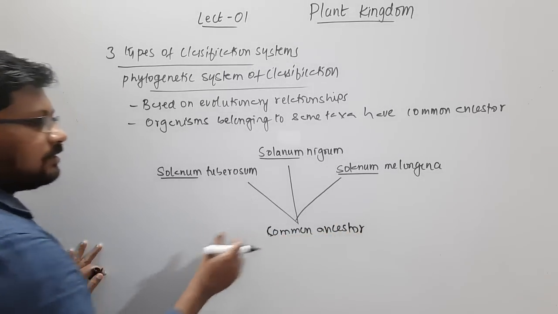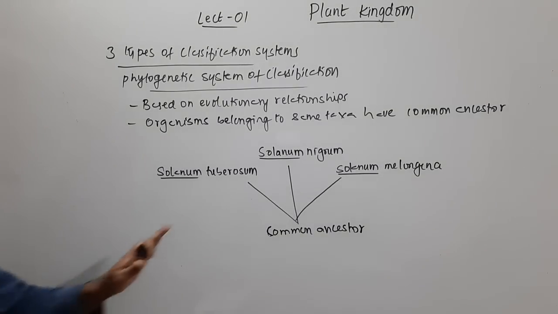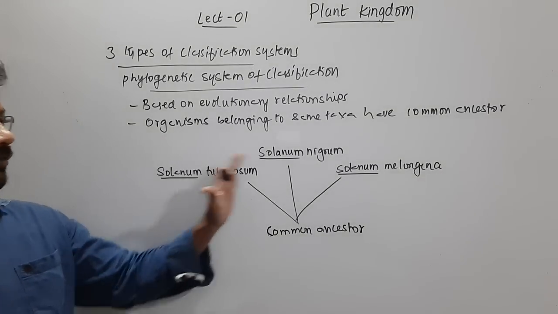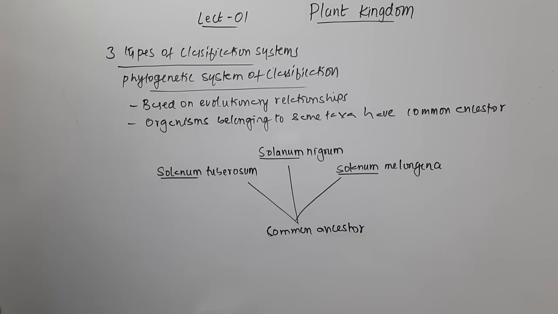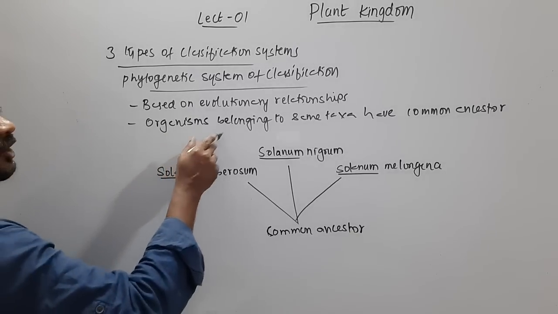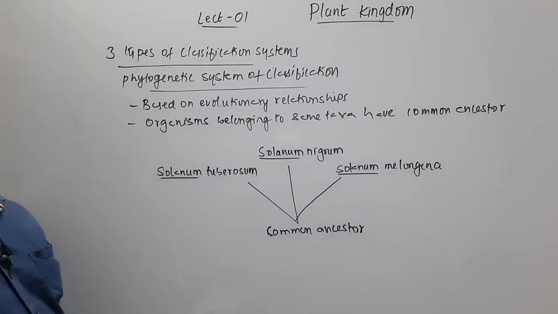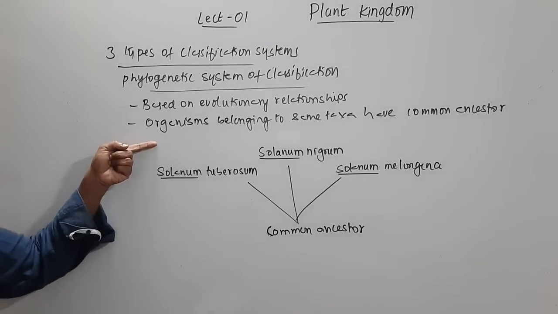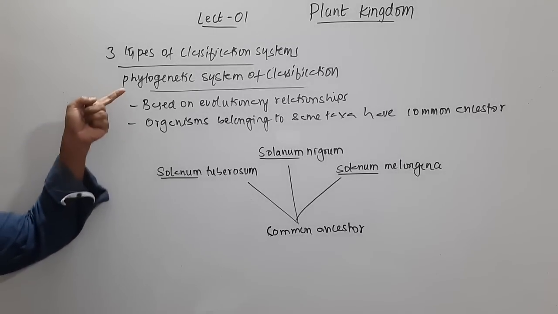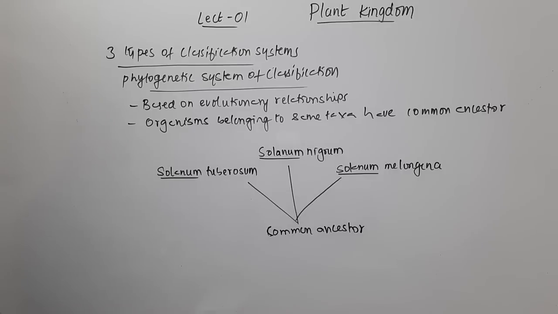That common ancestor got diversified to form three different species. So organisms belonging to the same taxa have a common ancestor, is the criterion they have considered. That is the phylogenetic system of classification.